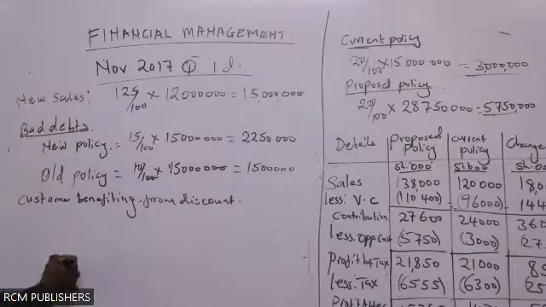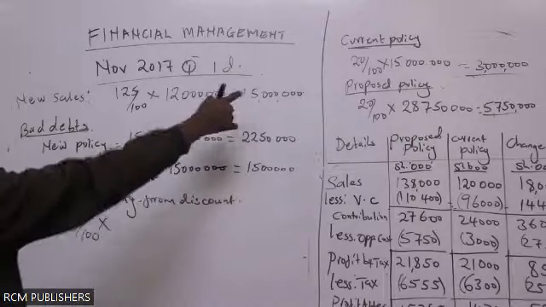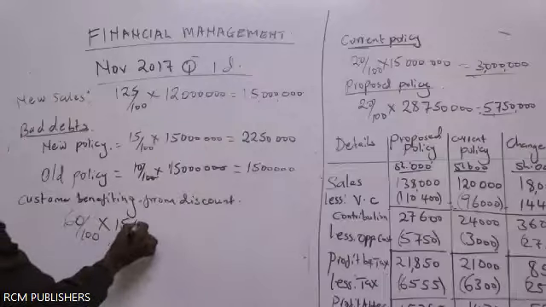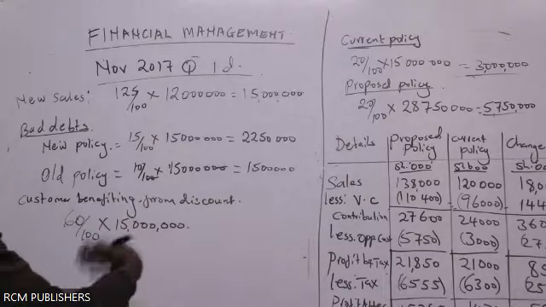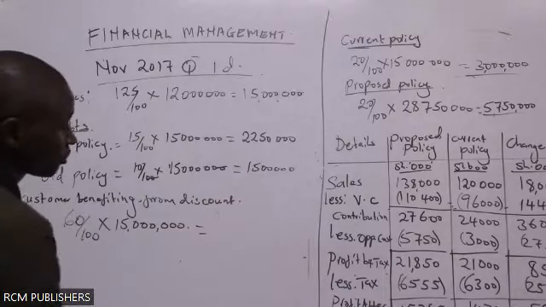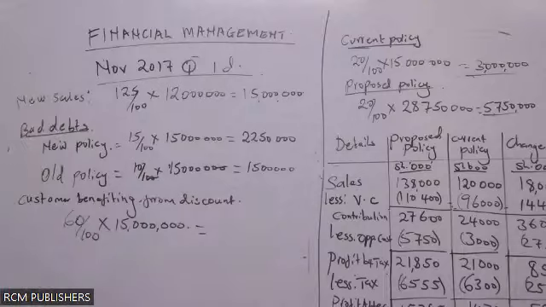Therefore, how many customers will they be? 60/100. It's like 60% of our sales benefit. Because of that, it will be like an expense. Discount is like an expense. We have given it, but still it's making them pay.